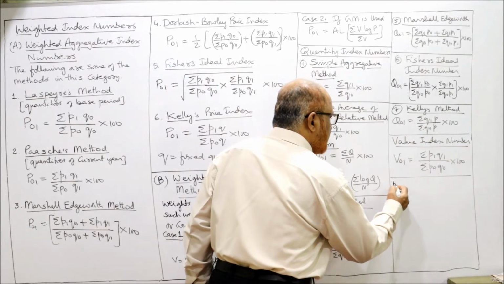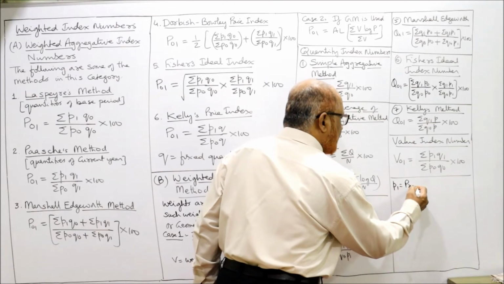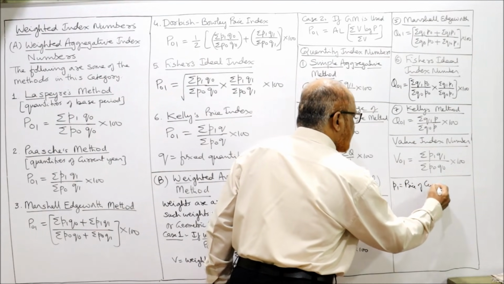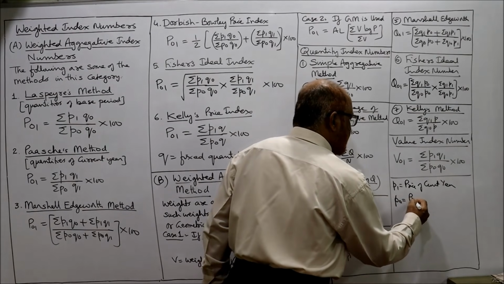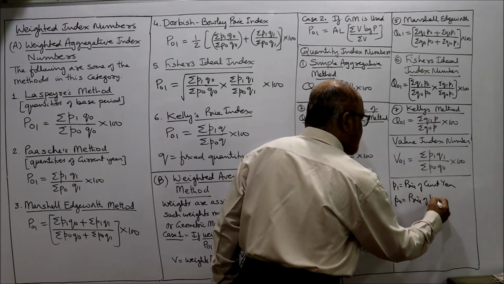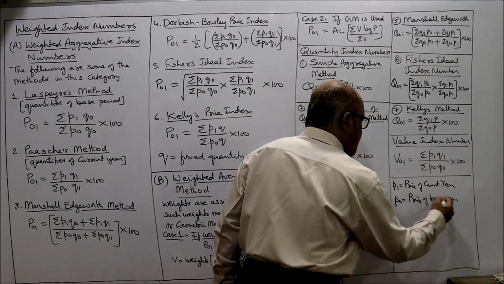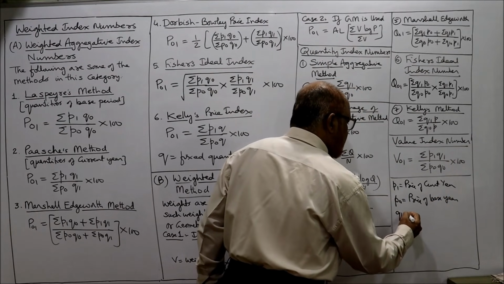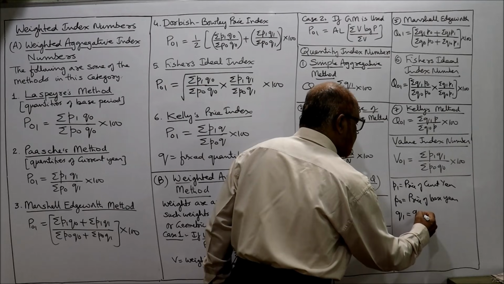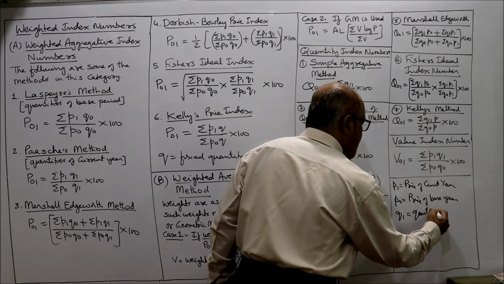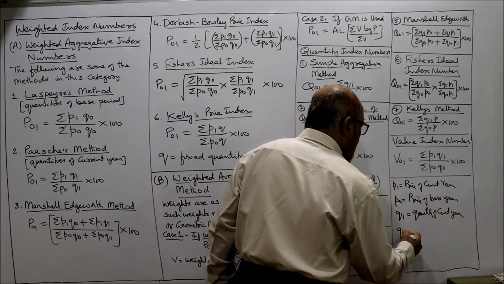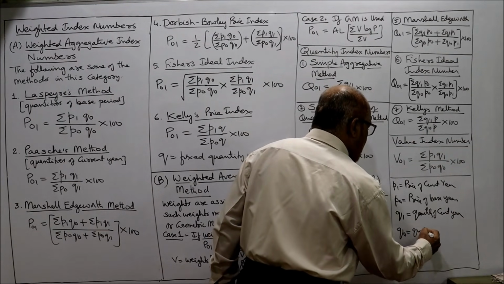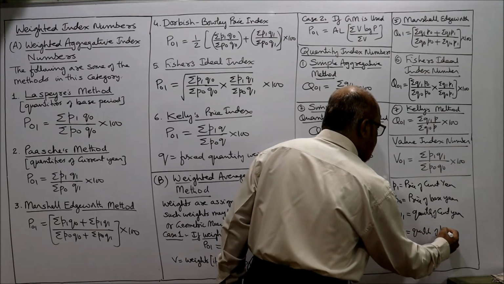P1 is equal to price of current year. P0 is equal to price of base year. Similarly, Q1 is equal to quantity of current year. Similarly, Q0 is the quantity of base year.